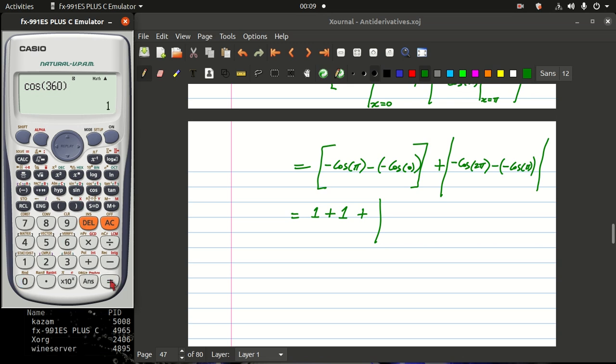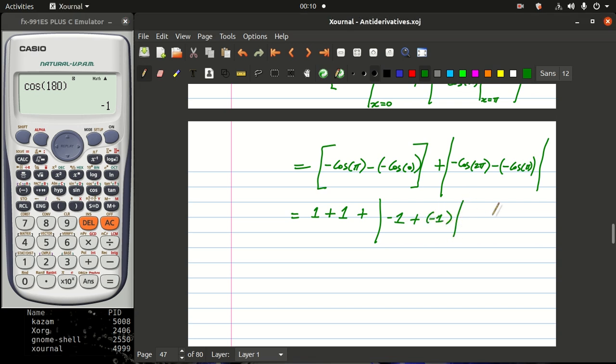We know for sure that it is a 1. So I'm going to end up having a minus 1. Minus and a minus is a plus. Cosine of pi, or simply put 180 degrees, is going to be a minus 1.